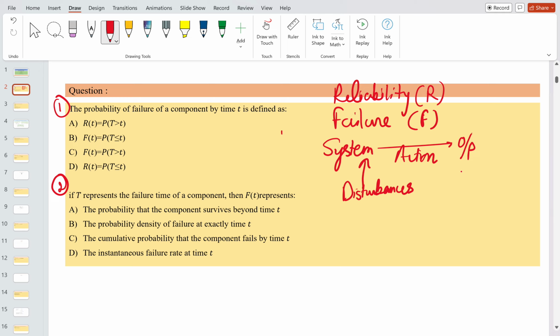Suppose this is the intended operation, where the output should be maximum here and minimum here. A certain disturbance came and then the output was in between of these values, so we can say that this is a reliable system.